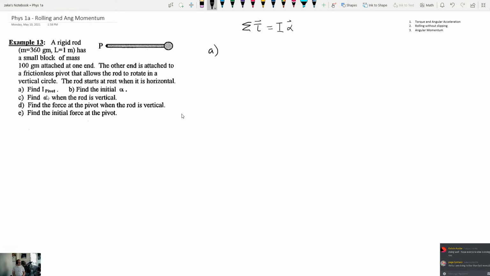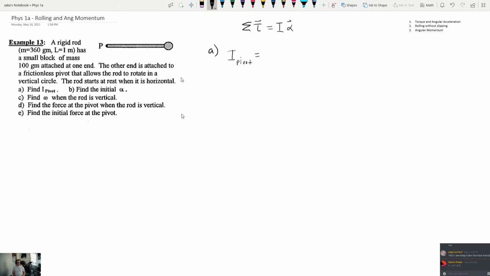How can we do that? Any ideas? Okay, so that's the equation that we discussed last time for moment of inertia.